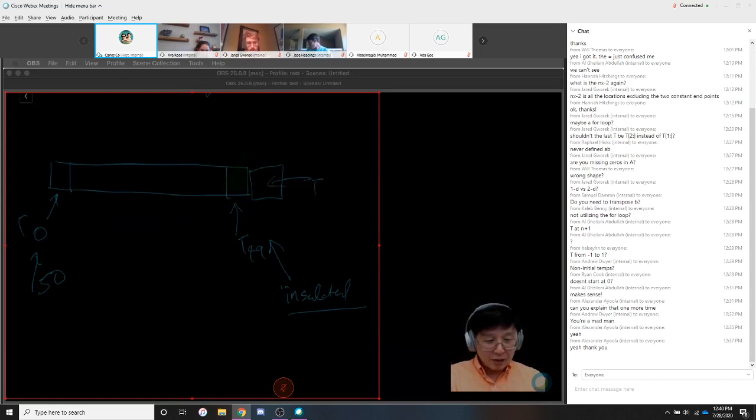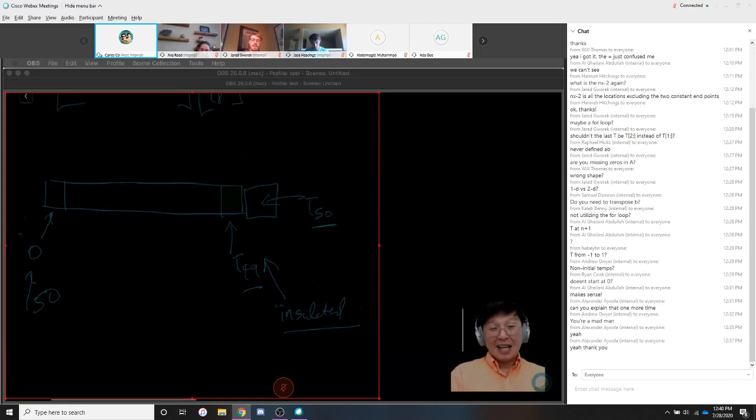To implement that idea of an insulation, you create a temperature at 50. I'm not saying that you should actually modify your array. Do not actually create an array that goes to T50. Stop at 49. Do not include that in your temperature array.